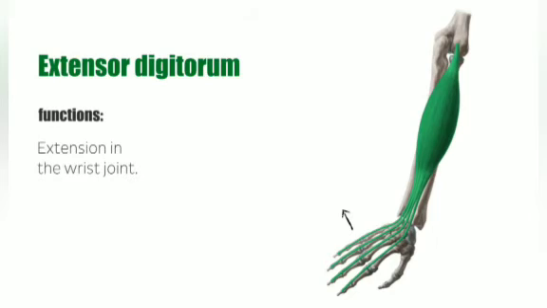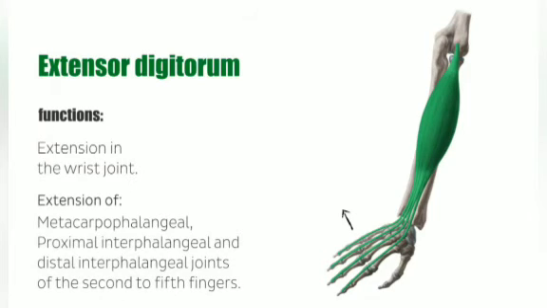And furthermore, the extensor digitorum has a role in extension of several joints, including the metacarpal phalangeal, the proximal interphalangeal, and distal interphalangeal joints of the second to fifth fingers. And if I use this image here, I can show you that the metacarpal phalangeal joints are found between the metacarpal bones and the proximal phalanges.